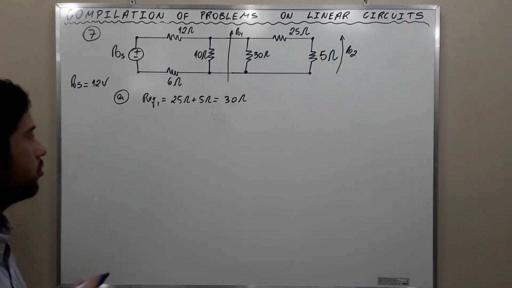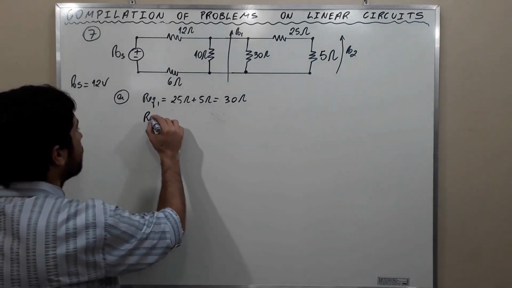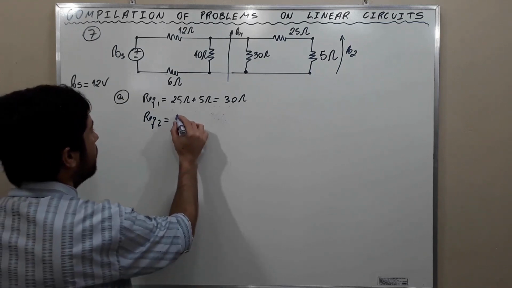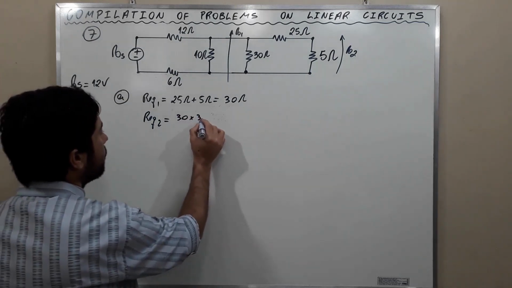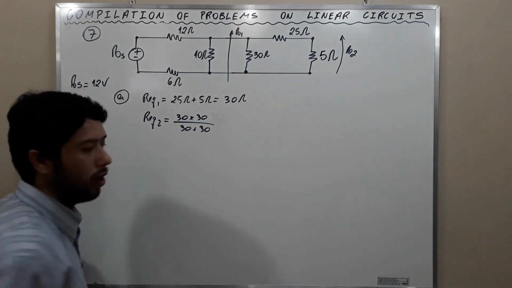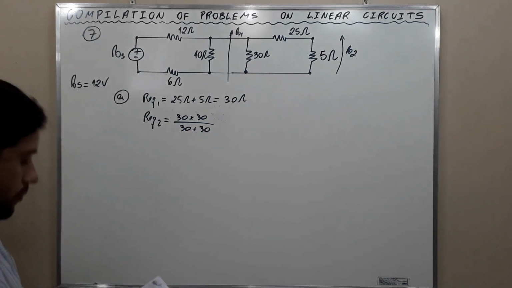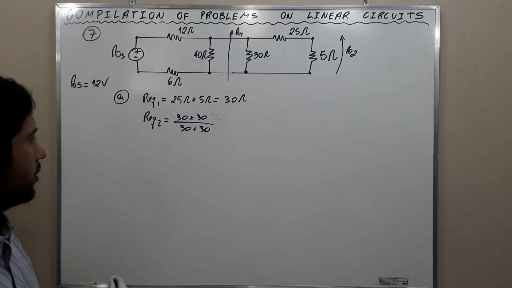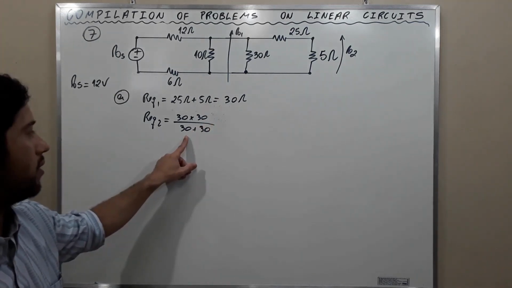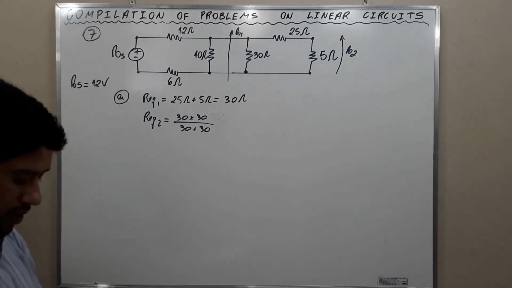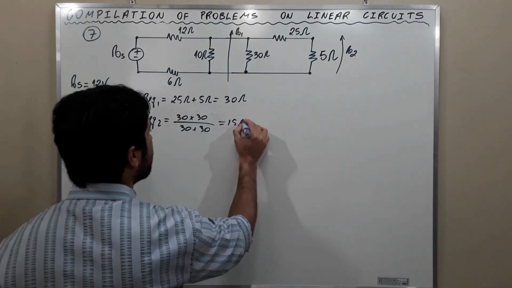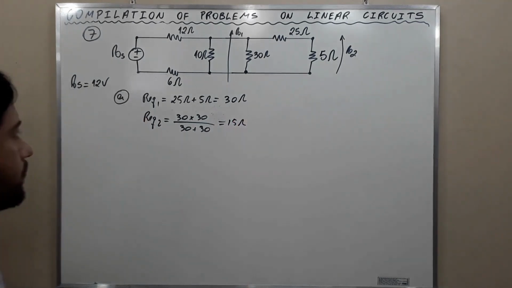Equivalent resistance number 2 is the product over the sum. And the 30 times 30, divided by 30 plus 30 is 15. Okay?